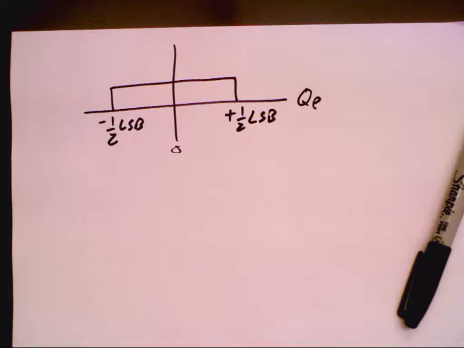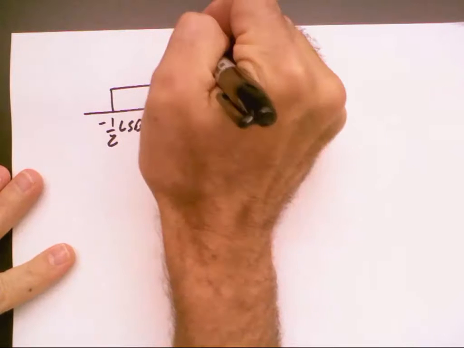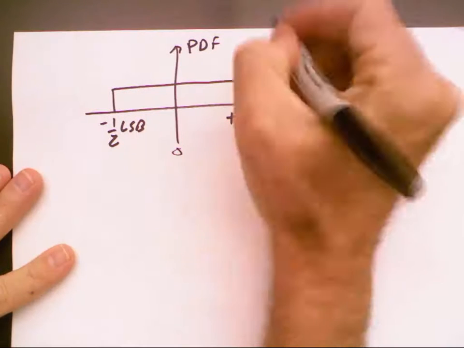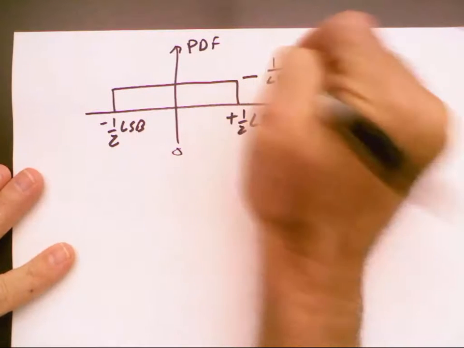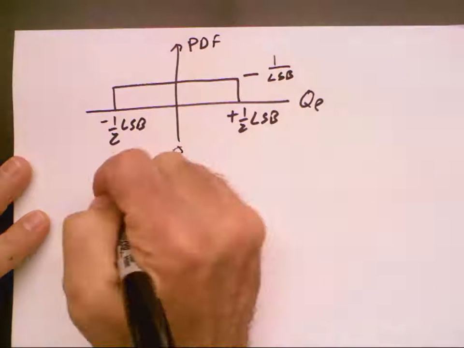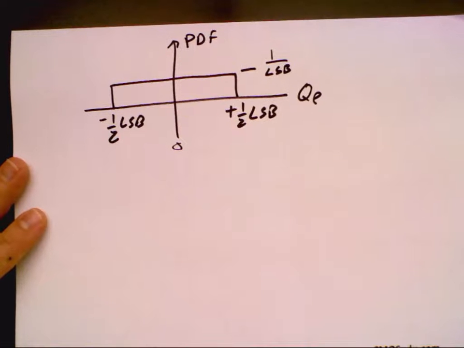All right. So just as a sanity check, what's the area of the probability density function always equal to? Yeah. So this value from here to here is 1 LSB, so this has to be 1 over an LSB. And so if I want to calculate the RMS value, now here's something we're going to use over and over again.